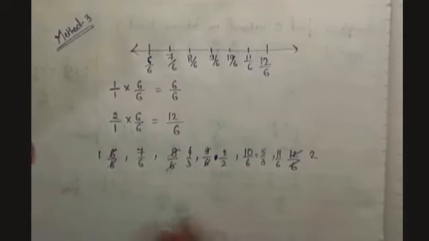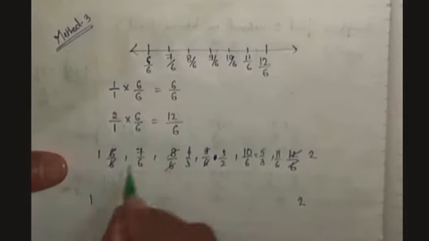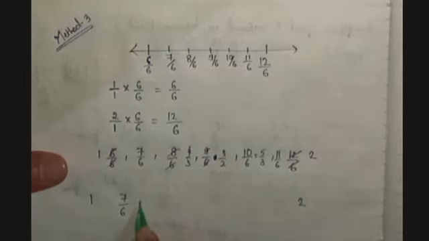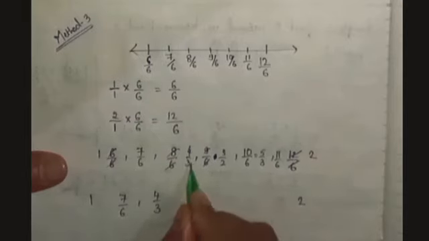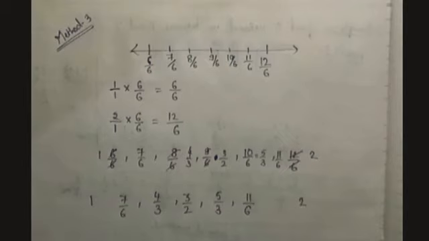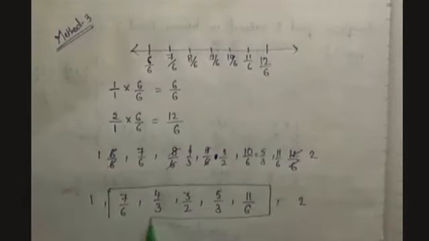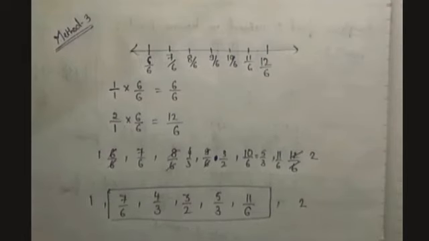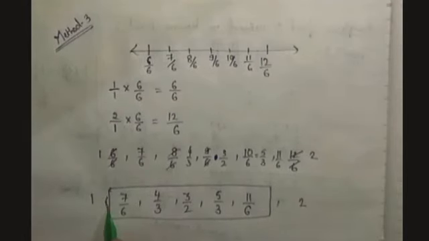So these are my numbers in reduced form. Between 1 and 2 the numbers are 7 by 6, 4 by 3, 3 by 2, 5 by 3 and 11 by 6. So this is also an easy method through which we can find rational numbers between any two given numbers.